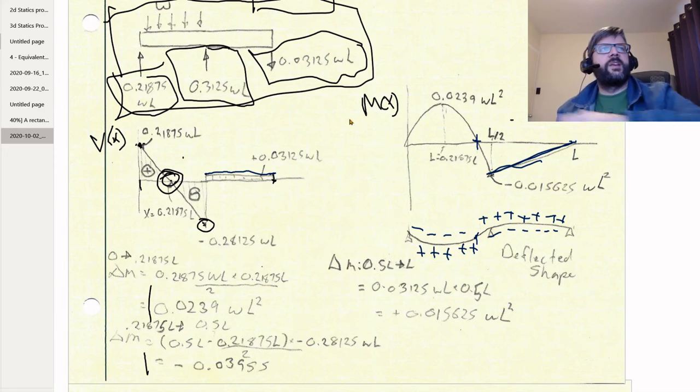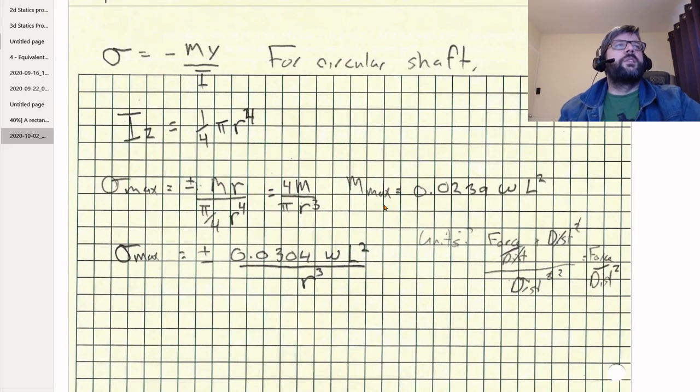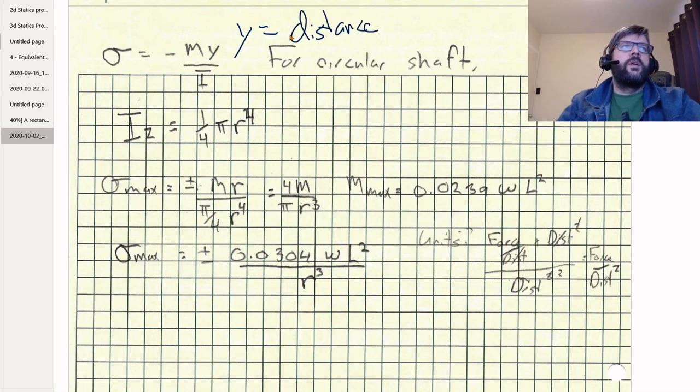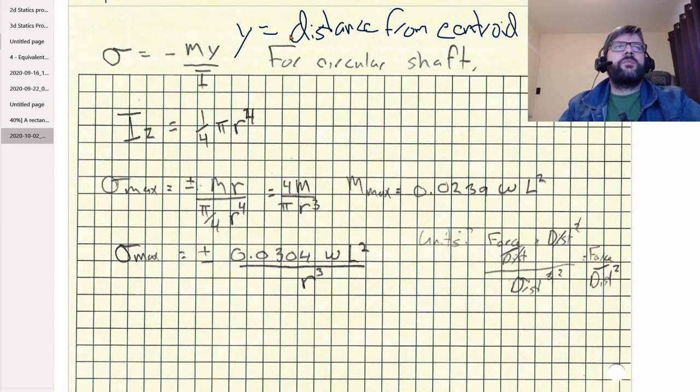So the next thing to do is to figure out what the stress is. Again, we know that the stress is equal to negative times the moment times y divided by I. And again, y there is equal to the vertical distance from the centroid.